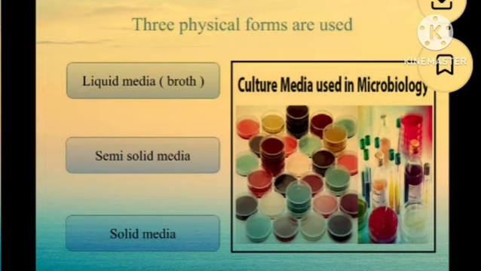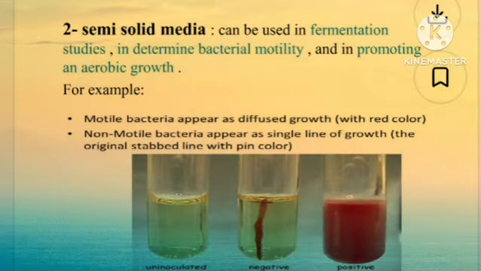And the next slide, physical forms. There are three physical forms. Temperature and pH are maintained in the semi-solid medium. Semi-solid medium contains a minimal amount of agar, approximately 0.2% to 0.5%.